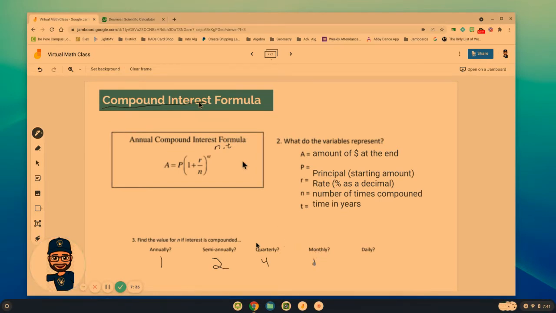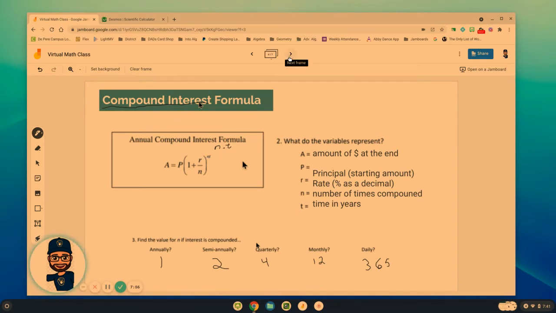Monthly, there's 12 months in a year, so you're going to get interest every month for 12 months. And daily, if you ever get a chance for that, I would soak that one up as fast as you can because that would be 365. And so we use those numbers for the value of N here and up there.